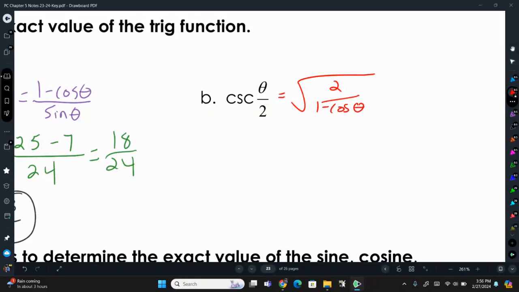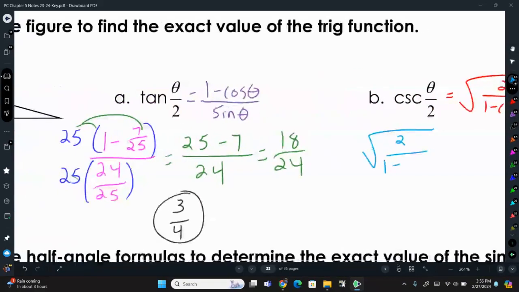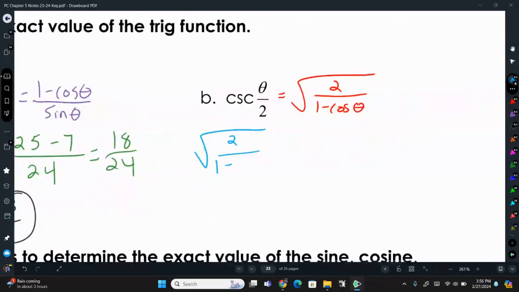That's using the sine formula, but flipped. So we have the square root of 2 over 1 minus, and the cosine we already figured out over here was 7 over 25.